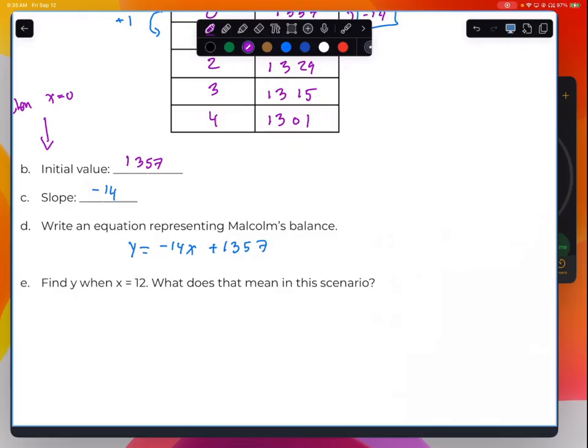Not divide by 12. No, think about it. Here we have an equation. I want to find y when x is 12. What do I do with the x? Okay, be a little bit more clear. You're right there.